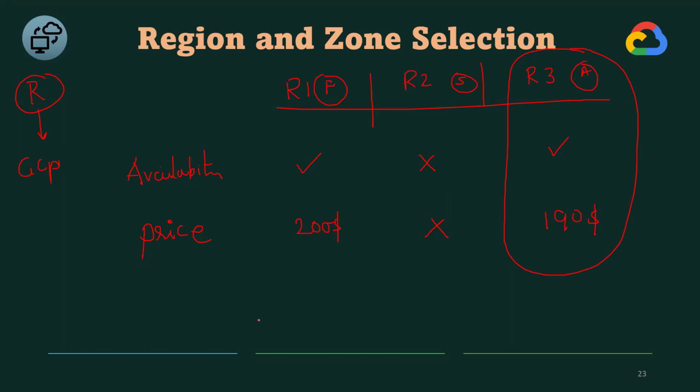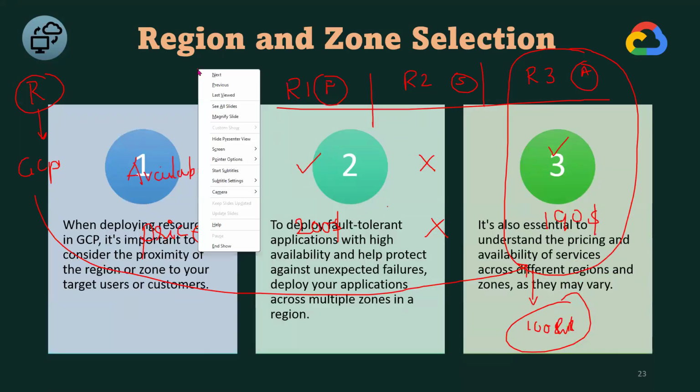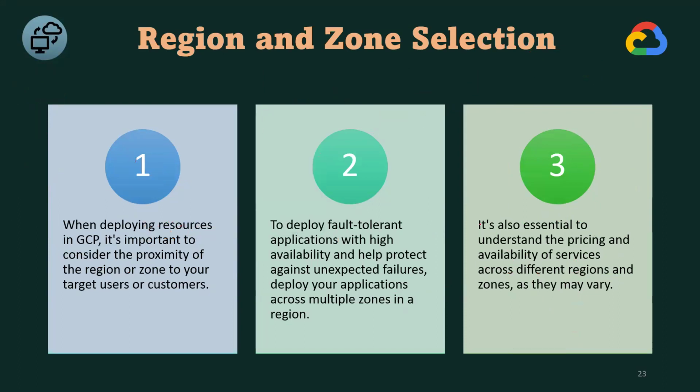You will be selecting the available service with the least cost in your region for deploying the resource. Once you have selected, you go and create the resource here, then store the data here, 100 GB of data. So this is my idea. That is what your third point also says.